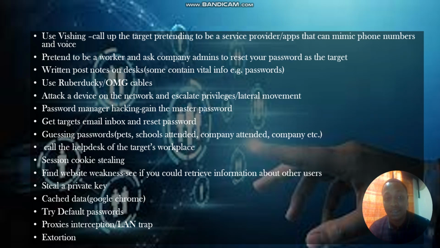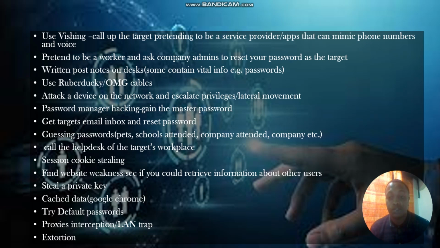Now, let's get into another way. You could hack the password manager. A password manager helps you to manage your passwords in all accounts, and they are stored inside one vault, and this vault is able to auto authenticate you. It's able to generate new passwords. It's able to change these passwords regularly, so that one password does not overstay on a certain account.